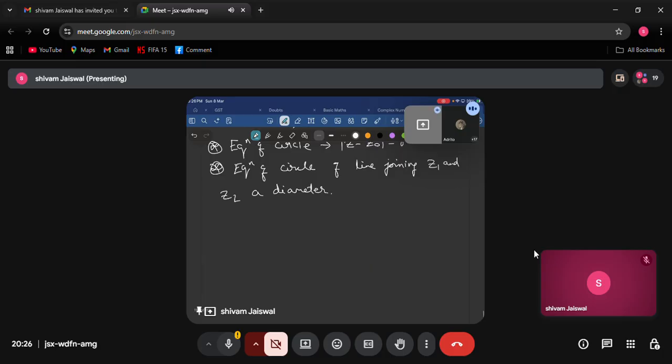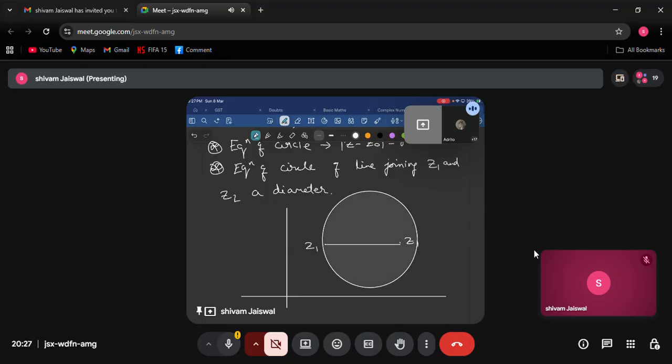So everyone, let us say that there are two fixed points z1 and z2 on a plane. I want to find out the circle such that z1, z2 is the diameter.